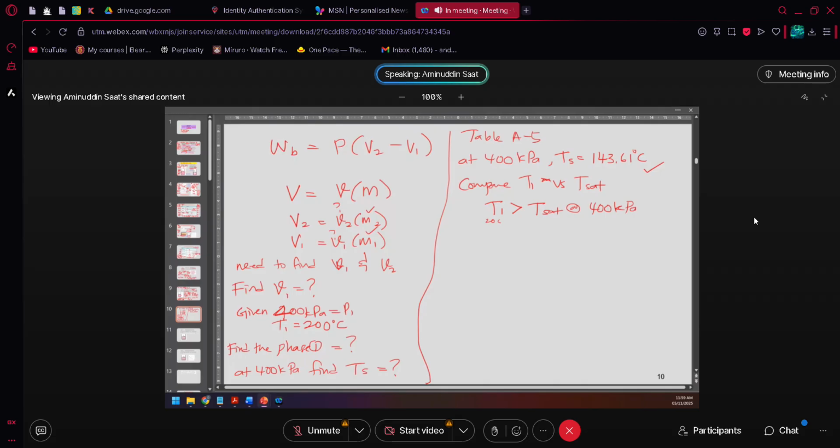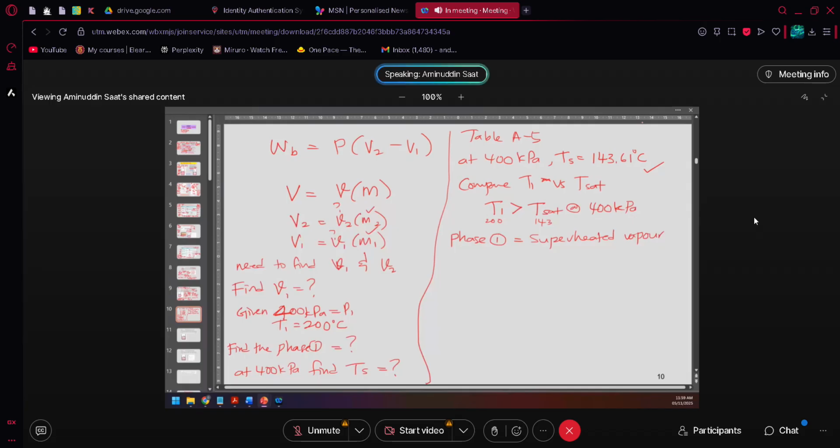So state 1 is beyond saturation, so phase 1 is basically superheated vapor. Like I say, you are using the same approach, the same technique that you did in the exercises in chapter 2. So superheated vapor.